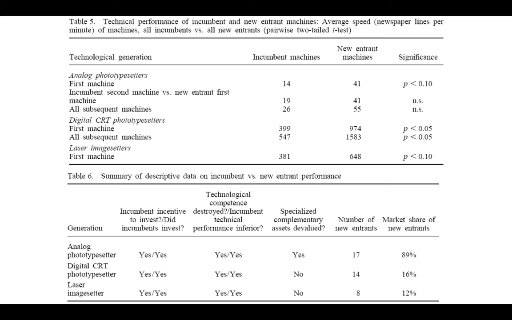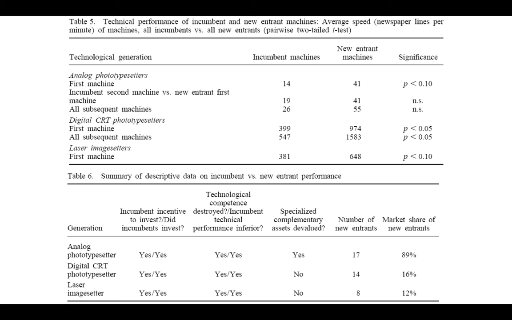You can see that it's all yes there. The next one goes technological competence destroyed, and is the incumbent technical performance inferior? You have yes on all those as an answer. Then specialized complementary assets devalued, and the number of entrants and their market share.